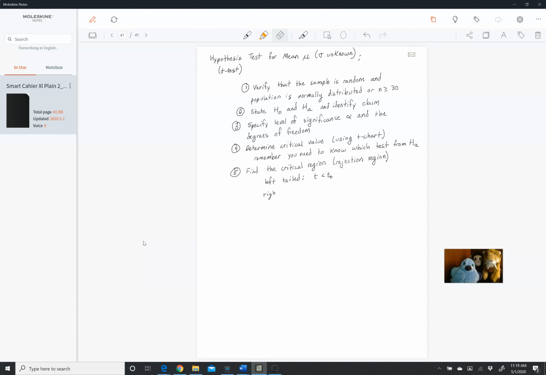A right-tailed test would be if it's more. And a two-tailed test would be if your standardized statistic is either less than negative t sub 0 or greater than positive t sub 0.